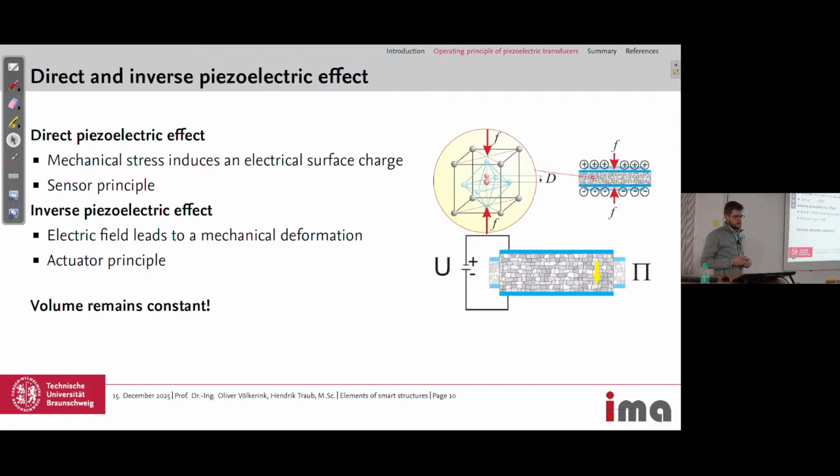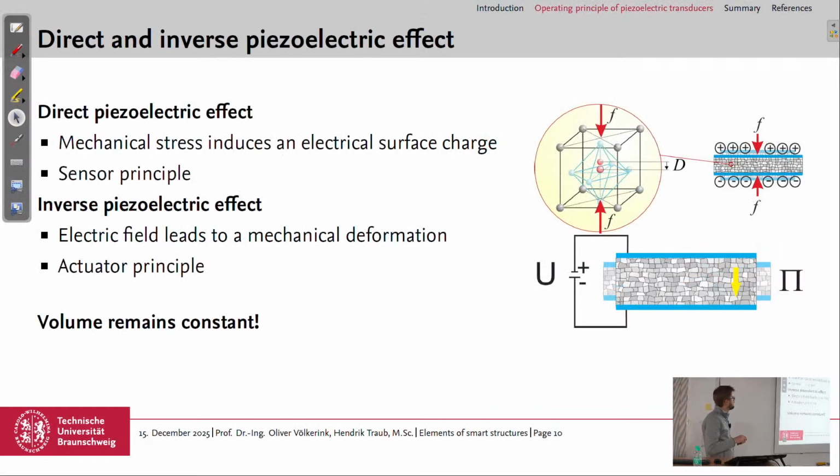So as mentioned, we have the direct piezoelectric effect where a mechanical stress induces an electrical surface charge. This is the sensor principle. So if you deform the piezoceramic, you have an electric charge which you can measure, and then you can use it as a sensor. And you have the inverse piezoelectric effect, where an electric field leads to a mechanical deformation.